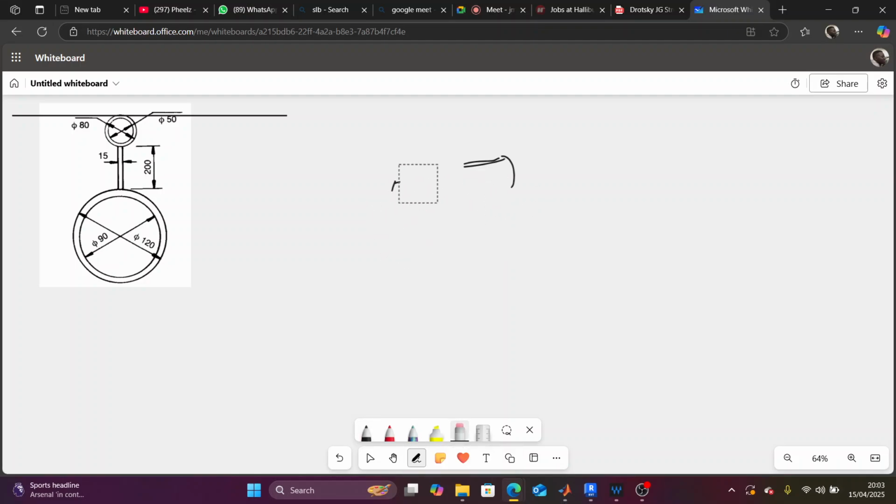Now, for an allo of the circle, the moment of inertia passing through its center of gravity, Ix or Iy, is pi over 64 times big diameter to the 4 minus small diameter to the 4.